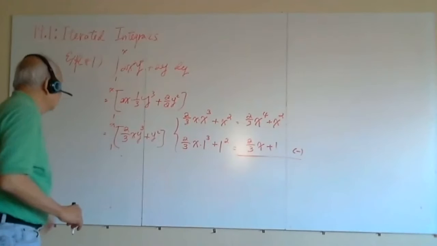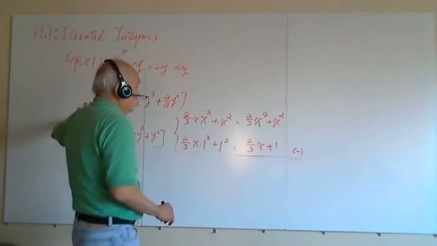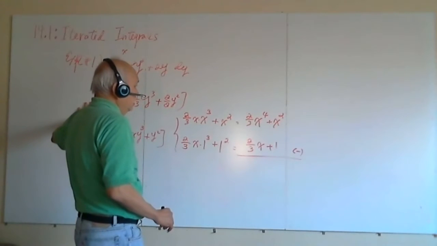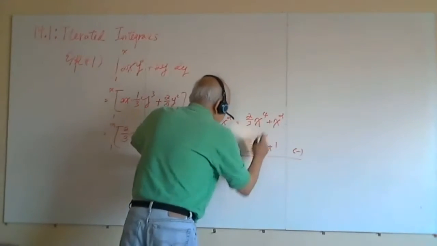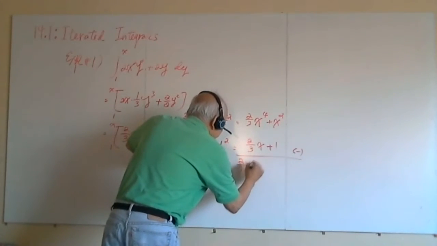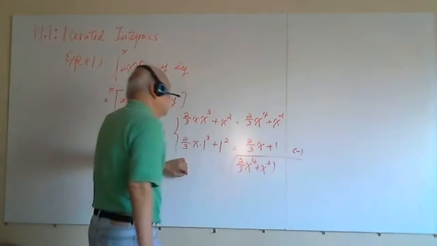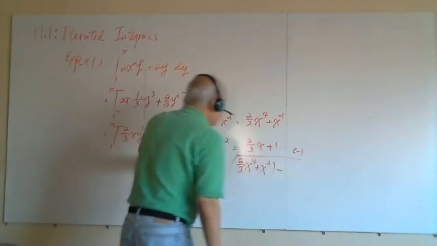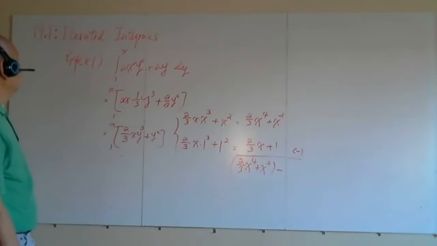Excuse me. So the answer is 2/3 x plus 1? What's the answer for integration? The answer here is going to be 2/3 x to the 4th plus x squared, which is the top one. Oh, I think there's a mistake in the second line.